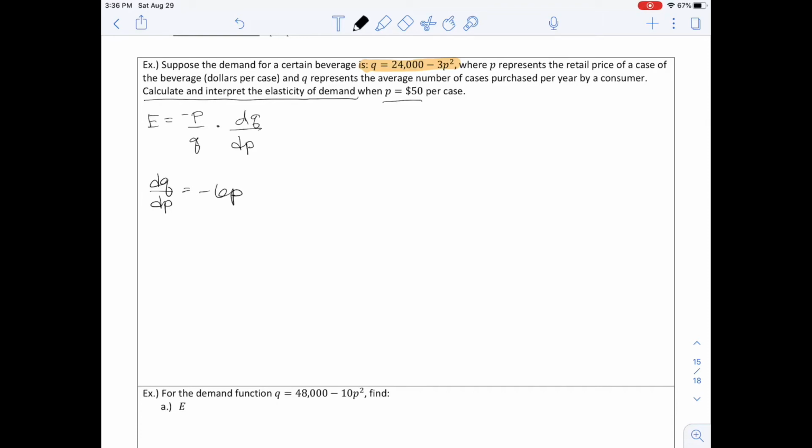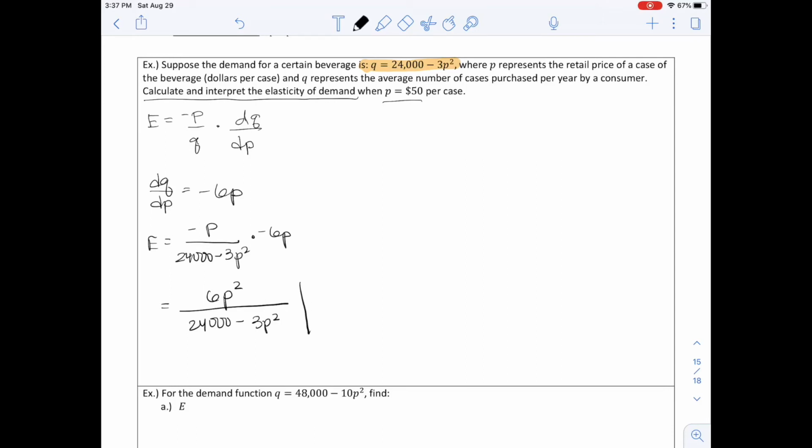Then E is equal to negative P divided by Q, which is 24,000 minus 3P squared, times dQ/dP, which is negative 6P. From here we can simplify this, and we arrive at 6P squared divided by 24,000 minus 3P squared.